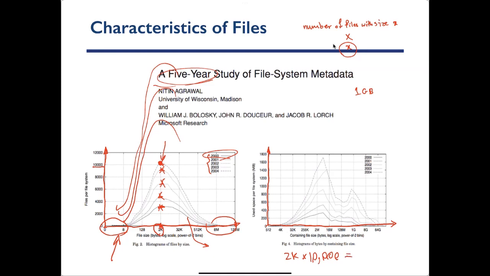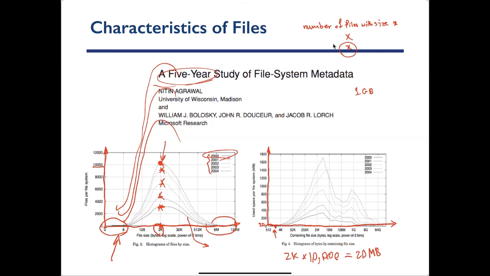So this is kind of like 20 megabytes. If you look at 2K, it's not here even. So it's like 20 megabytes. This is how much space these files consume.